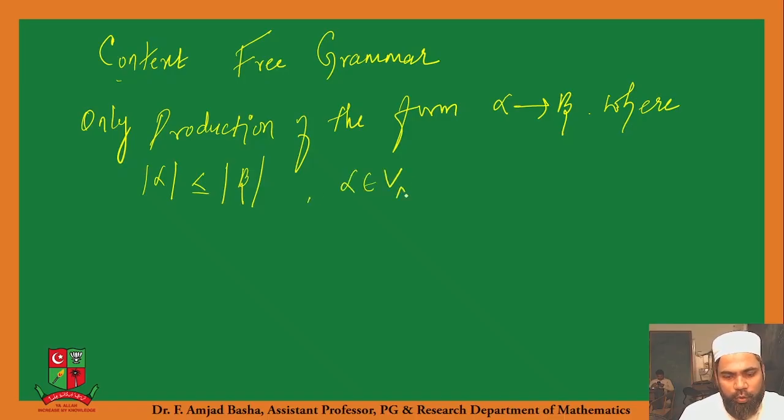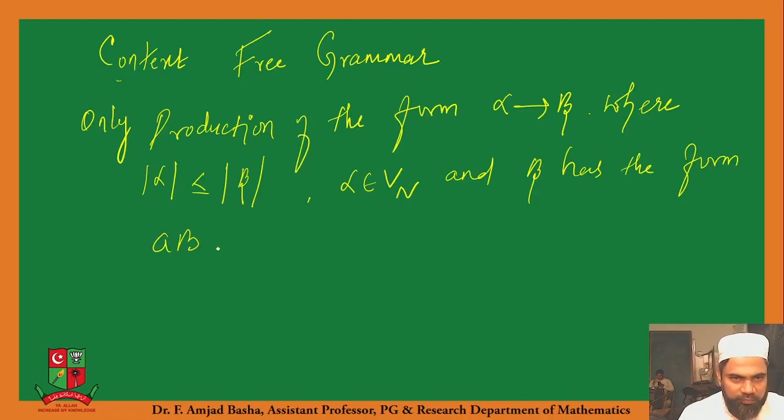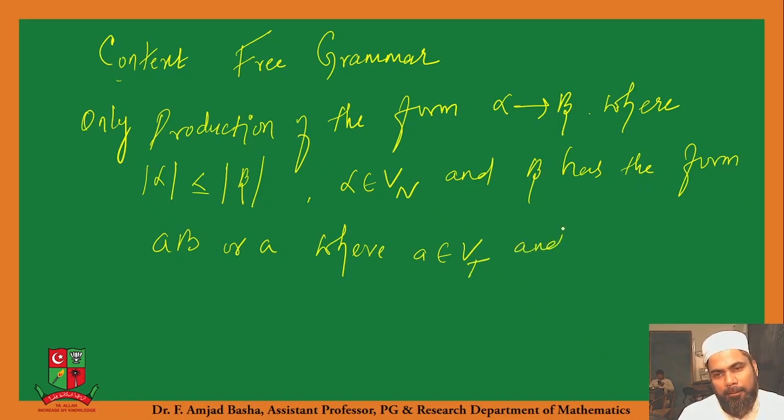Alpha belongs to non-terminals and beta has the form a capital B or a, where a belongs to terminals and B belongs to non-terminals. If these conditions are met, you can generate context-free language.